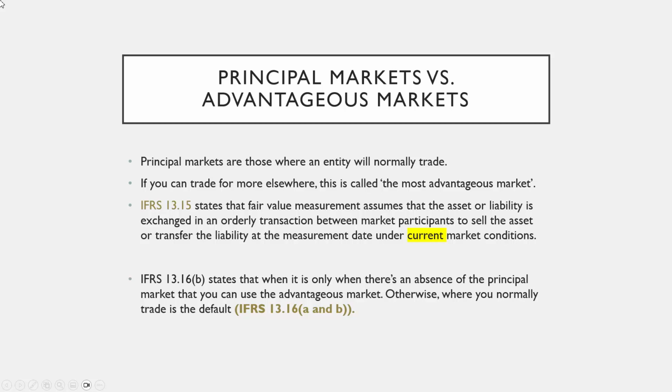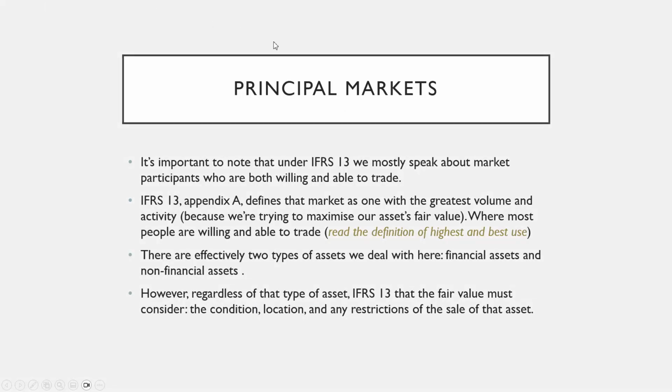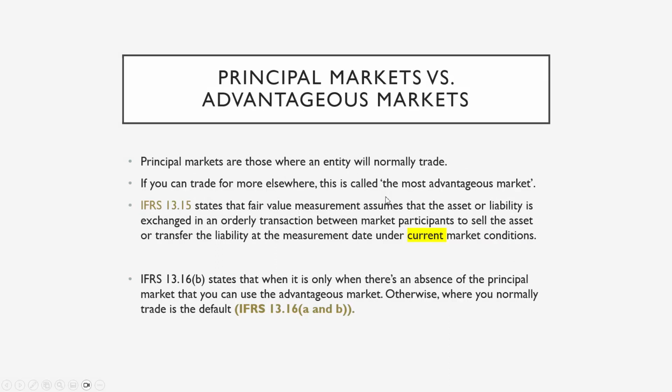So an advantageous market is when you realize that you can actually make more money here. This isn't your usual market. It's not where the most people are willing and able to trade. But if there is no principal market, you can then go to the most advantageous market.